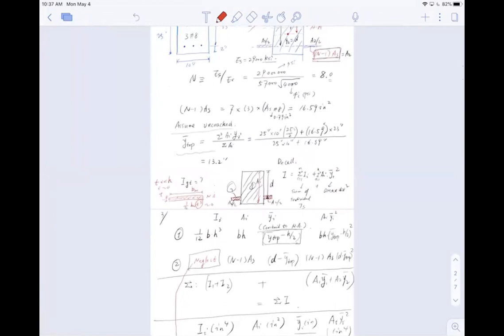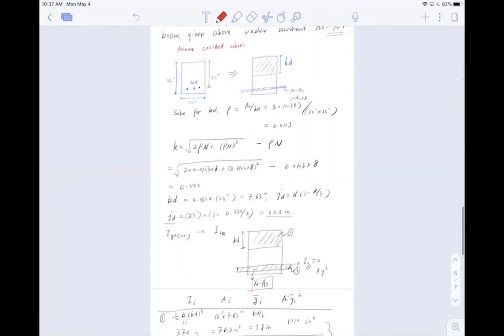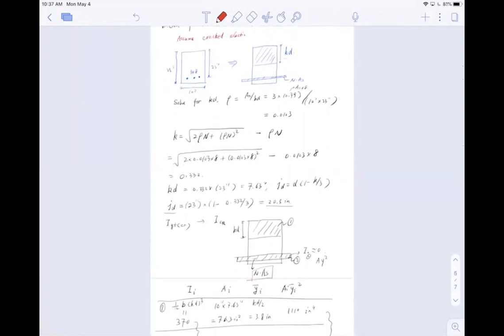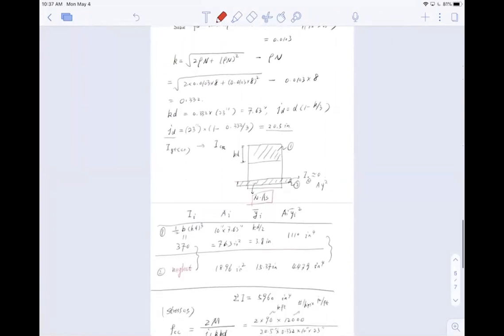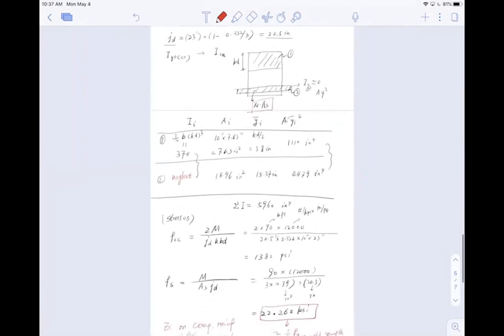Be careful, this is uncracked. So for cracked, this is where you find it.